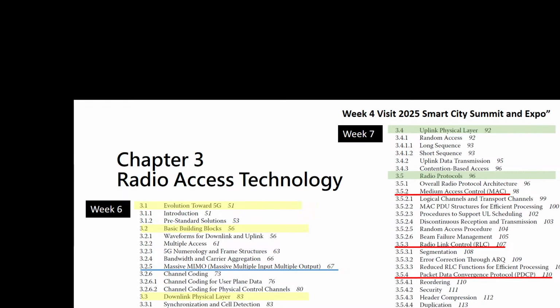For example, they are sending the data like x1, x2, x3, right? Xn, like this, right?